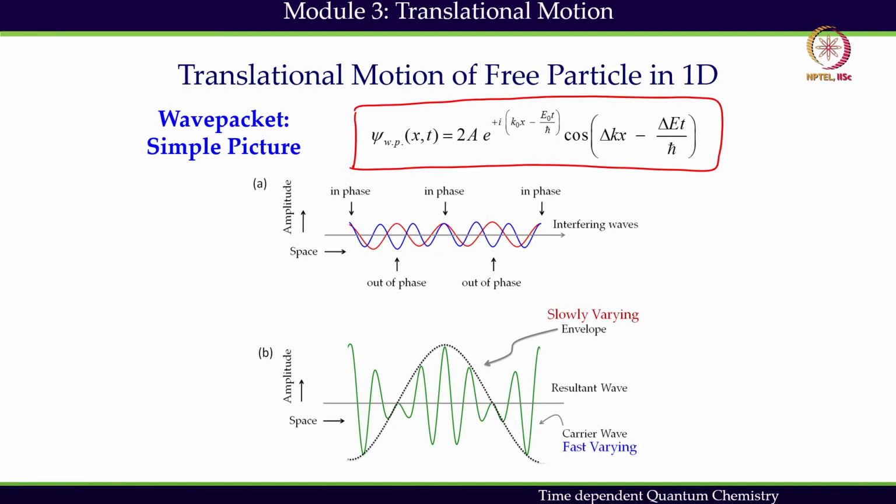And if we look at that, as I mentioned, two slightly different energies mean slightly different k, and slightly different k means slightly different wavelength. So k is actually 2 pi by lambda. So their matter wavelength is different, which is shown here by the red and blue lines.